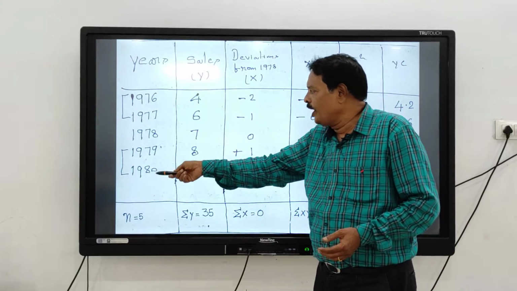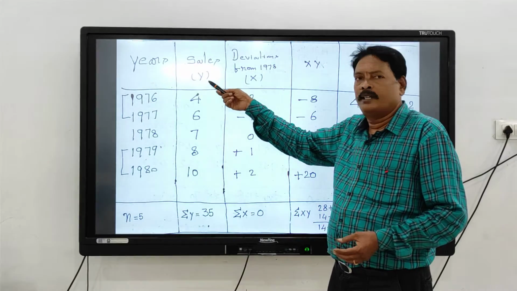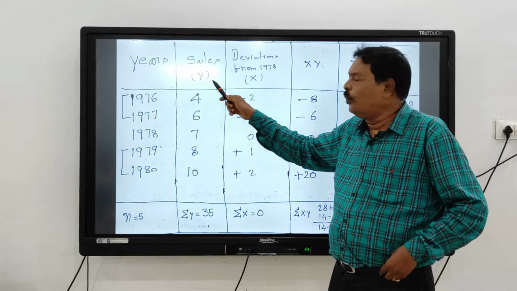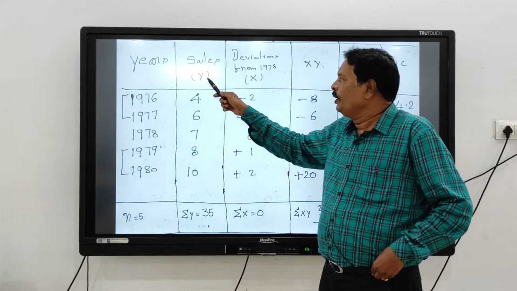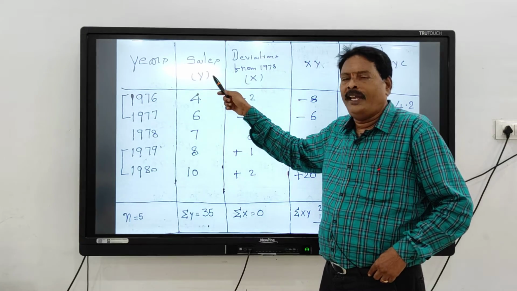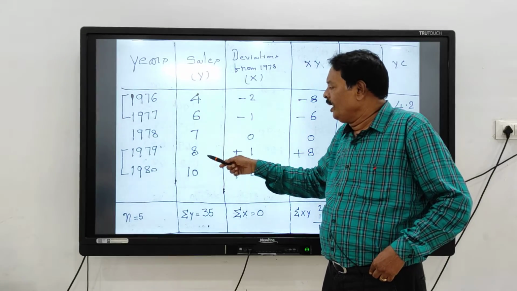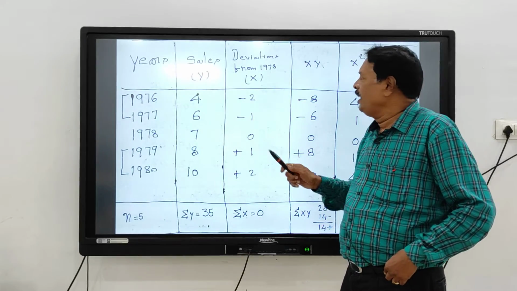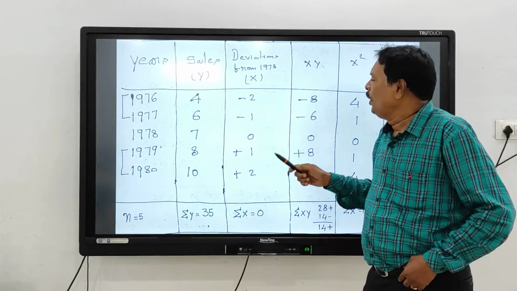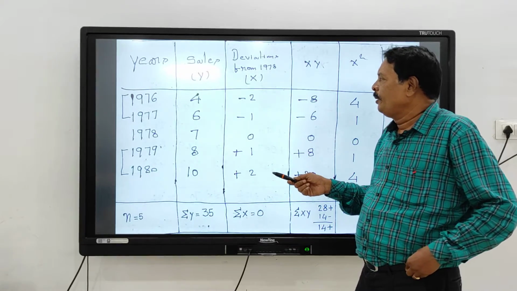Years 76 to 80, sales, which indicates Y. First of all, we have to write the Y for sales like this. And then with the help of these two columns, we have to calculate deviations from 1978.